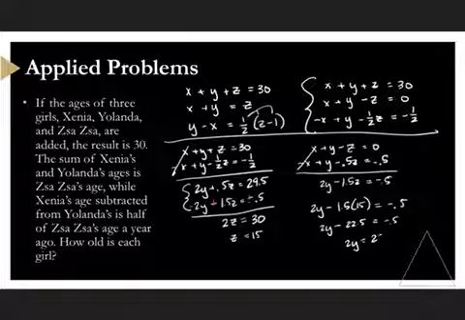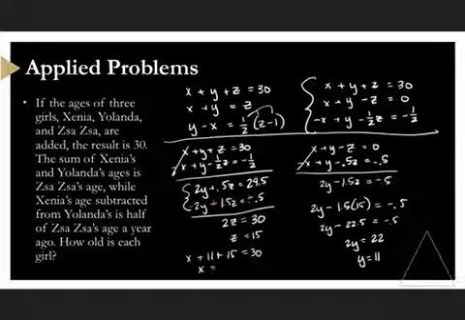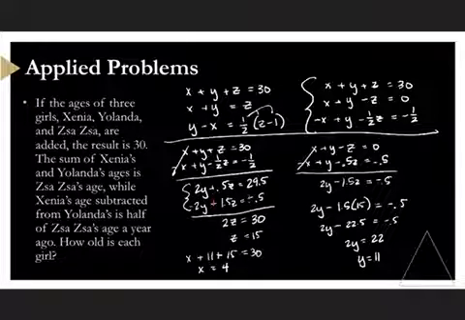So 2y equals 22, which means that y is 11, so Yolanda is 11. And then x plus 11 plus 15 equals 30, so x equals 4. Okay, so Xenia is 4, Yolanda is 11, Zaza is 15.